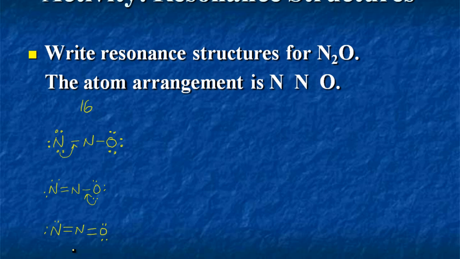Are there any other possibilities? Can you think of any other possibilities? The way we can arrange the electrons in this structure where everyone has 8 and we are using only 16. You can do a triple bond between the nitrogen and oxygen, right? So the other structure could be, so 1, 2, 3, 4, 5, 6 we have used.